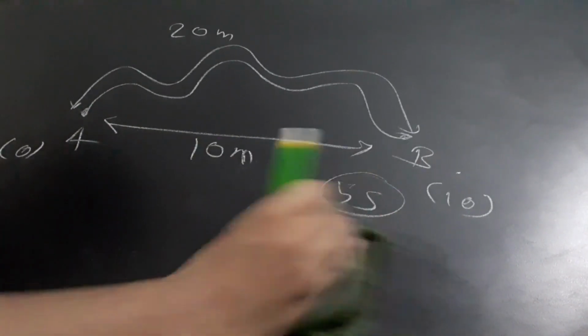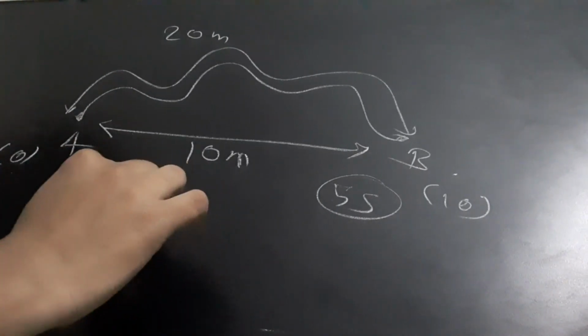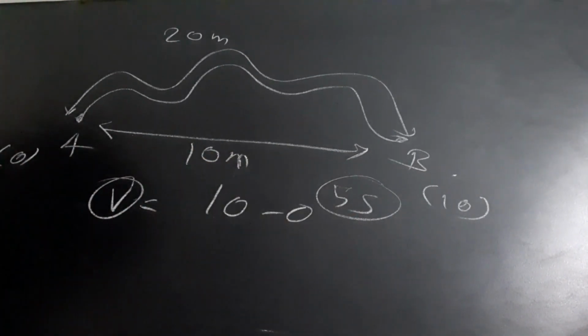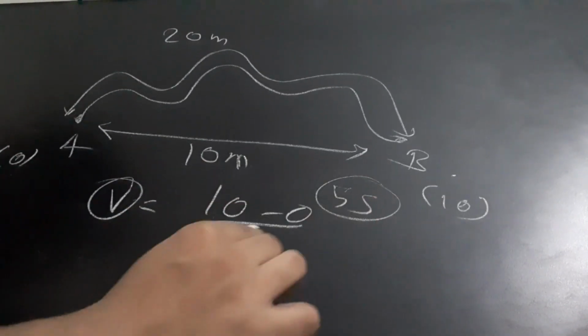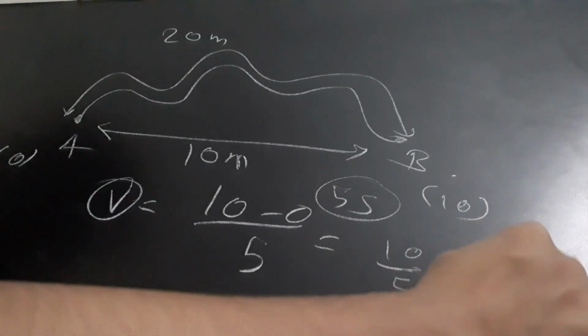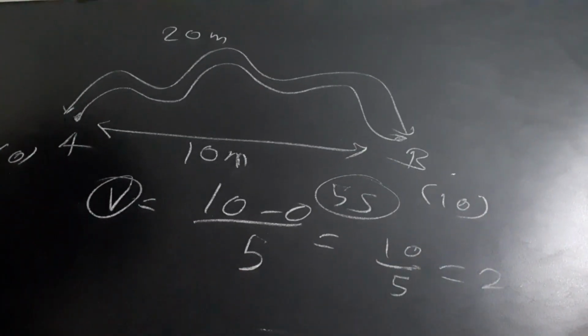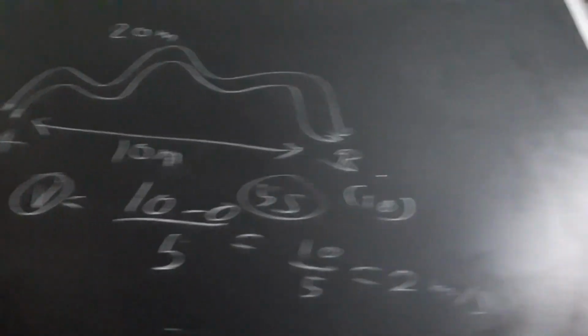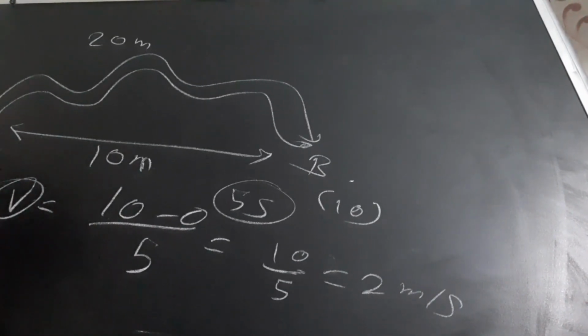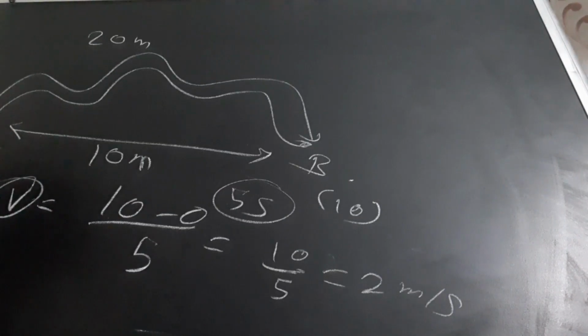So velocity is equal to 10 minus 0 upon the time. Time taken is 5. It is equal to 10 upon 5, which is 2 meters per second. So we got the speed as 4 meters per second and the velocity as 2 meters per second. So as we just saw, the speed and velocity can vary.